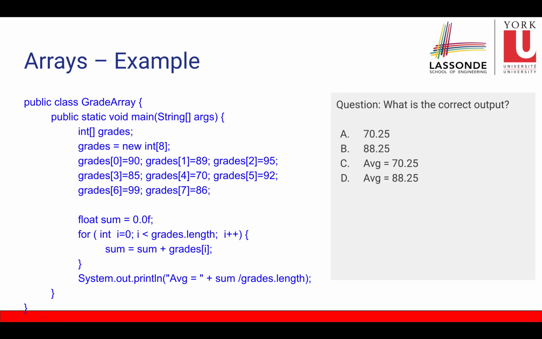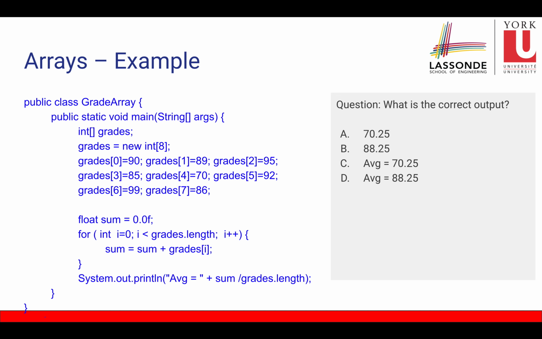After the assignment, we define another variable called sum. Its data type is float. Then in the loop, we go over the whole array and add the values in all the elements together into the sum variable.